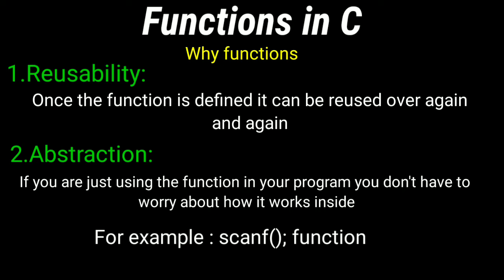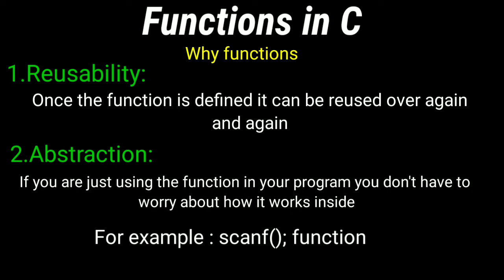And also it provides a level of abstraction. That means you don't have to worry about how it works. You can simply use it in your code without even worrying about how it works. Therefore, a function satisfies both properties, that is, reusability and abstraction.